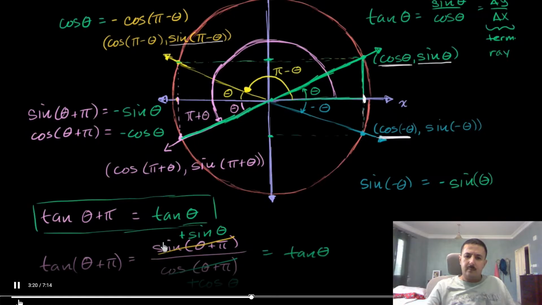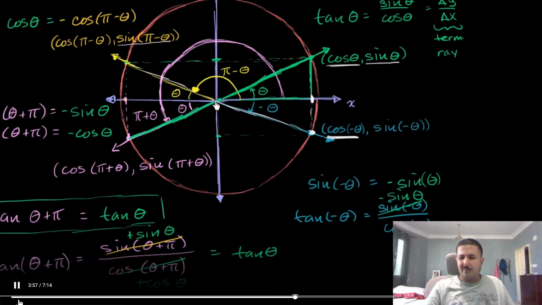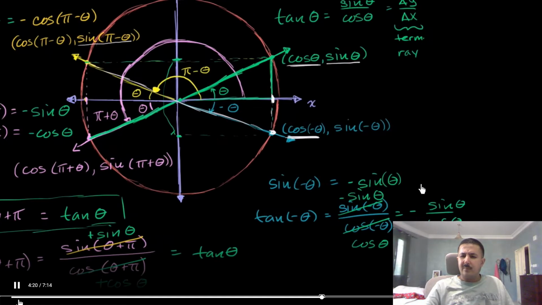Pretty good about that. Now, what about this? What about the points or the terminal rays right over here? This is the same thing as the sine of negative theta over the cosine of negative theta. Opposite of negative are the same, so we're left with negative sine over cosine, which is equal to negative tangent theta.